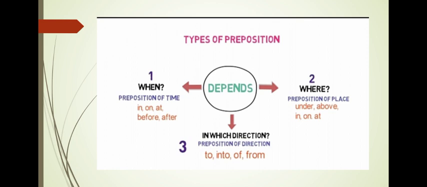Now, students, you can see in the picture that we have the same prepositions in, on, and at. These three prepositions are used for preposition of time and preposition of place as well, right? But I want you to remember that they are used in different meanings, which I will explain to you in the next video lesson.